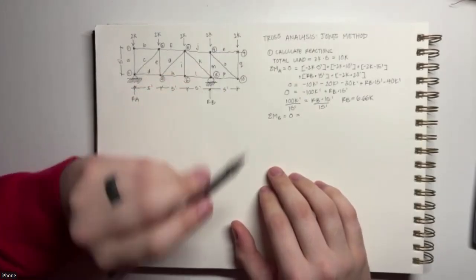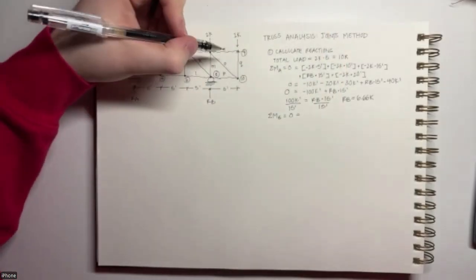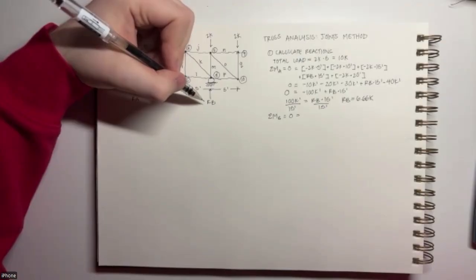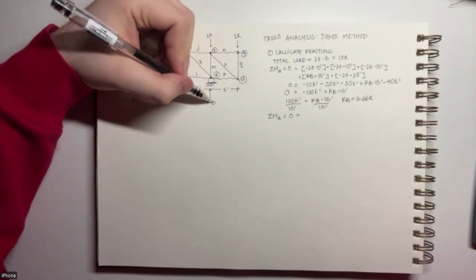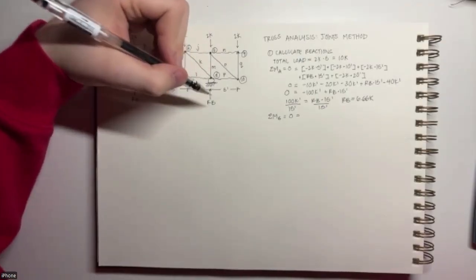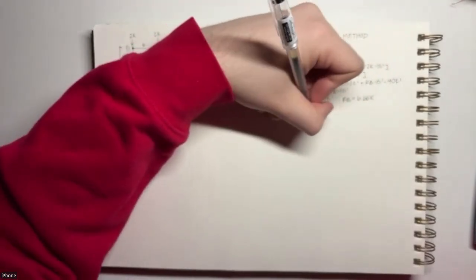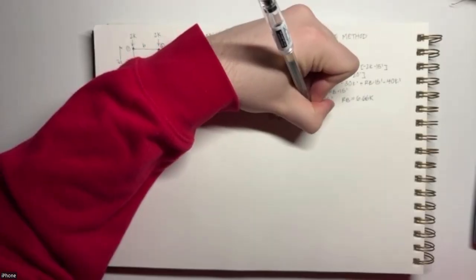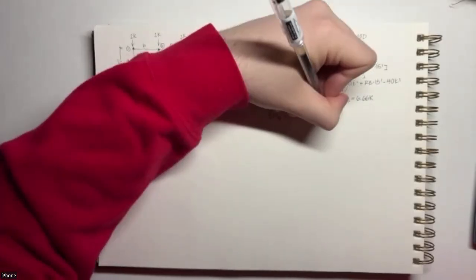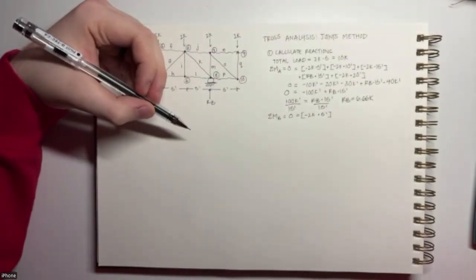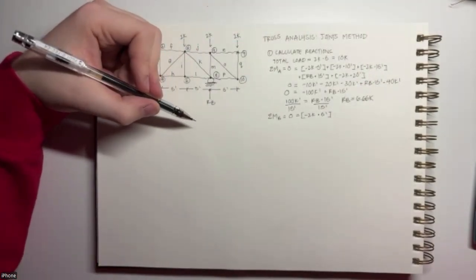So I've got this 2 kips on the end, and that's going around RB. That's going to be clockwise, so I'm going to say that's negative. Negative 2 kips times 5 feet. Okay, that's going clockwise, so it's negative.